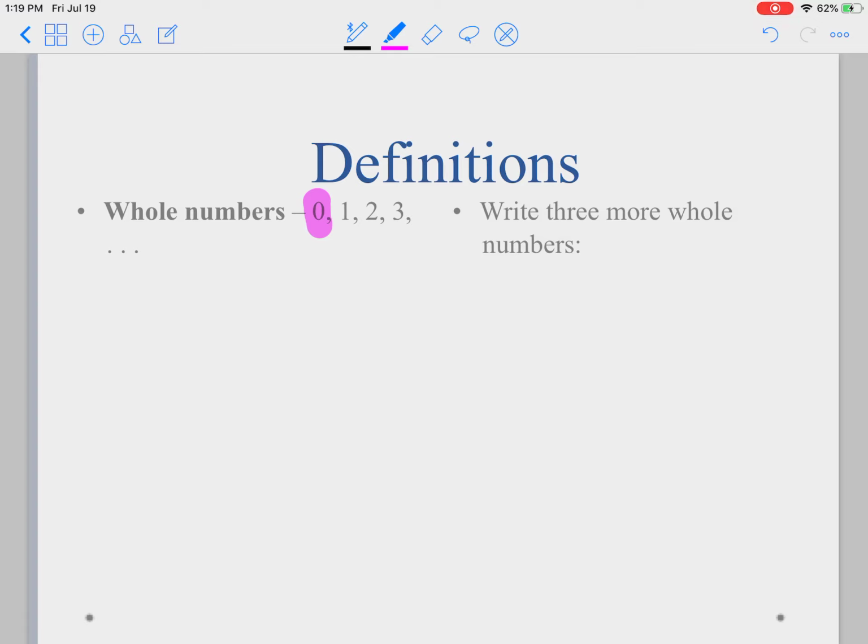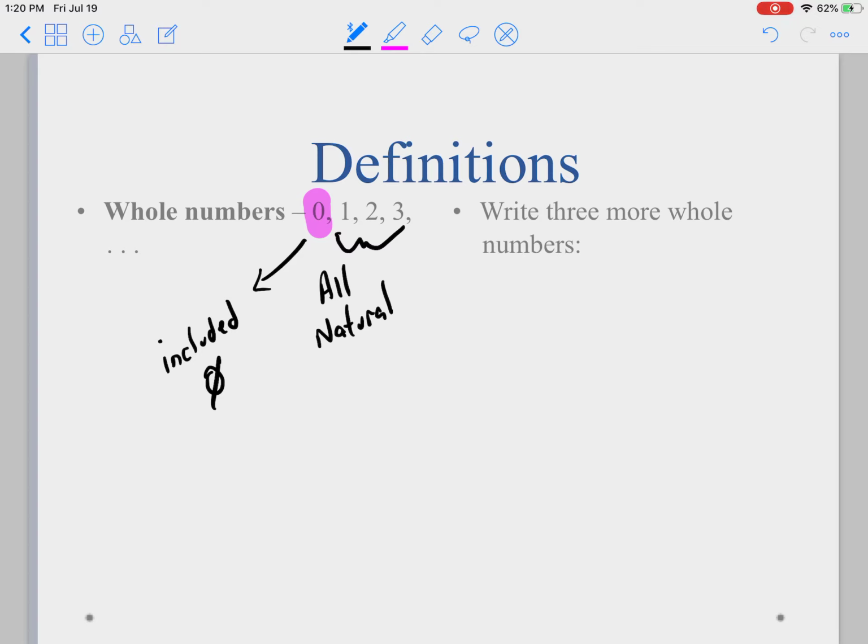So when we talk about whole numbers, it includes all natural numbers. So we also have all natural numbers in this set, plus, or in addition, or also including 0.